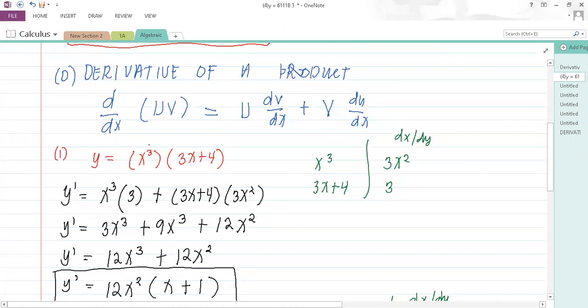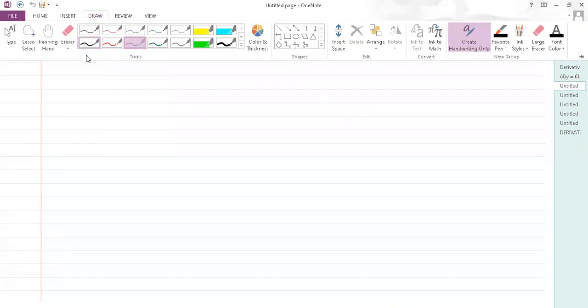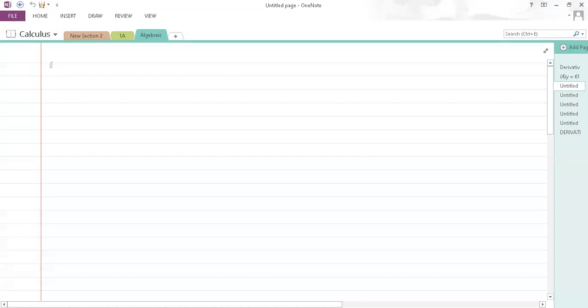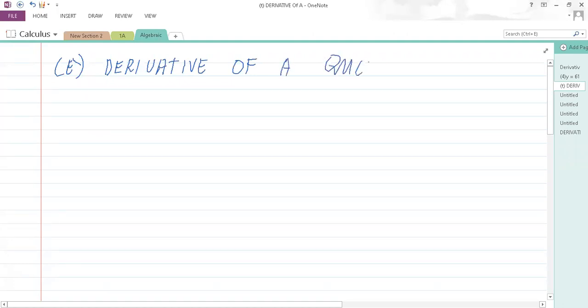Okay, so what if we have a derivative? So next is for the derivative of a quotient. So a derivative of a quotient.